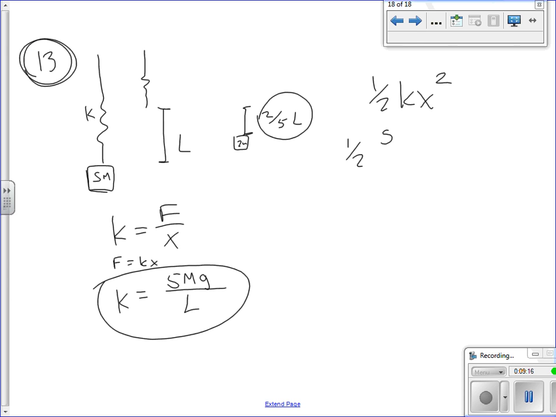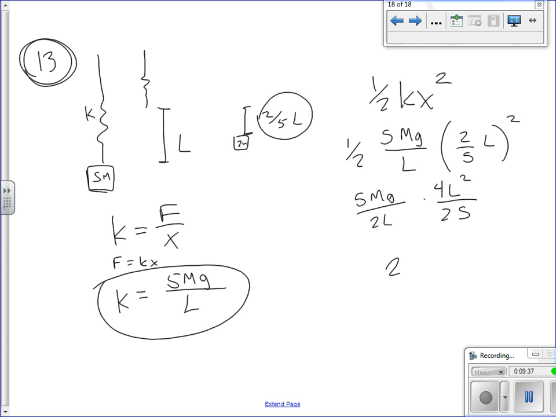So we write 5mg over L times 2/5 L quantity squared. That's 5mg over 2L times 4L squared over 25. So that's 20 mgL over 50. So I call that 2/5 mgL.